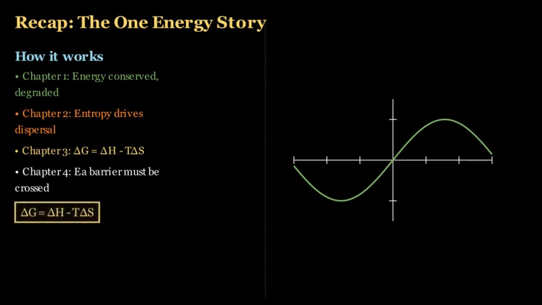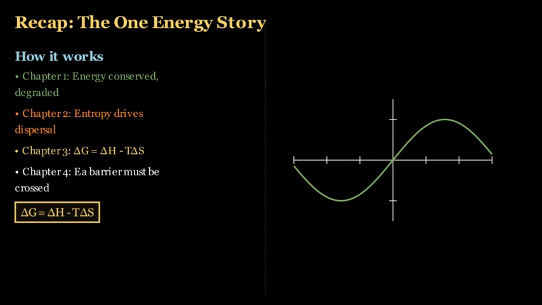Delta G equals delta H minus T delta S. If delta G is negative, the dispersal drive wins and the reaction is spontaneous. Chapter 4, even a spontaneous reaction faces an activation energy barrier, a hill it must climb before it can roll down to products. That's why a match is needed to light a candle, even though the wax wants to burn.